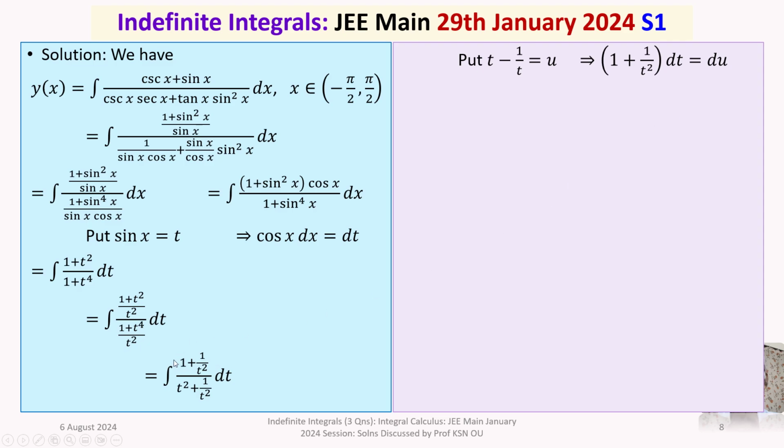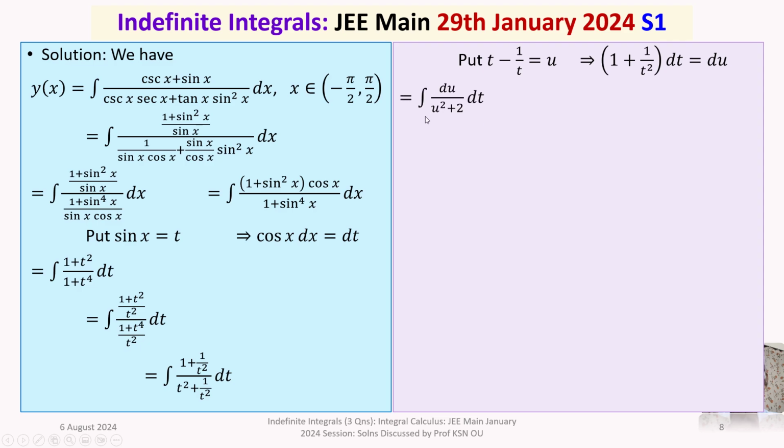So this 1 plus 1 by t square dt is du. And now in the denominator we have t square plus 1 by t square, and t minus 1 by t is u. Squaring on both sides, t square plus 1 by t square minus 2 is equal to u square, but we want t square plus 1 by t square, that will be u square plus 2.